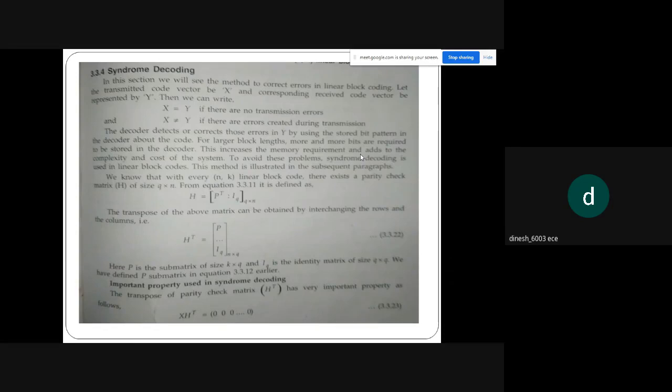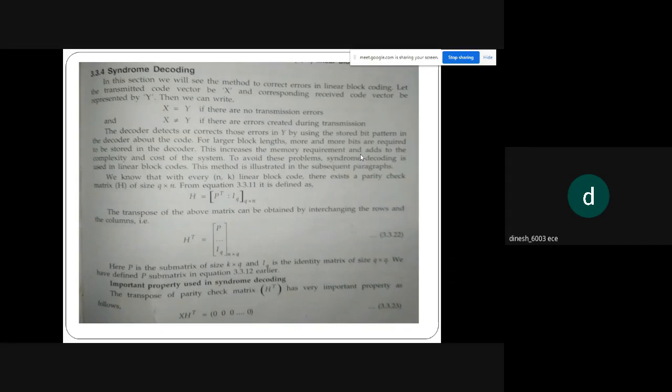X is representing your transmitted vector, Y is representing your received vector. If X and Y are the same, there are no errors. If Y is not equal to X, then it shows that there is an error. So in order to find whether Y is not equal to X, we need to follow a procedure.